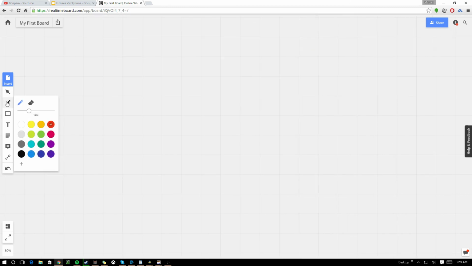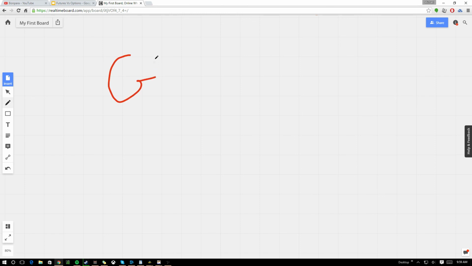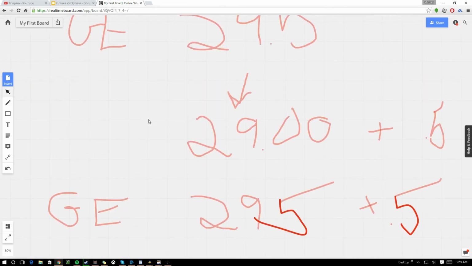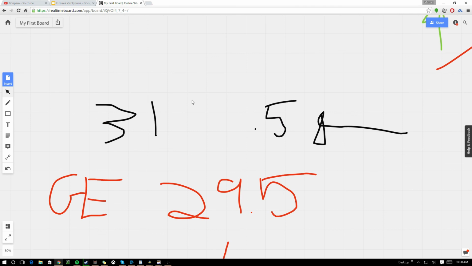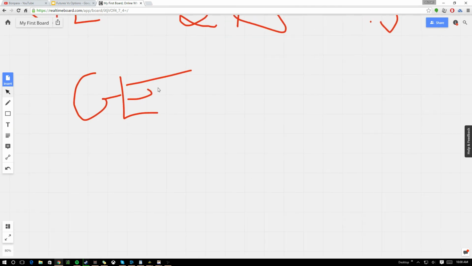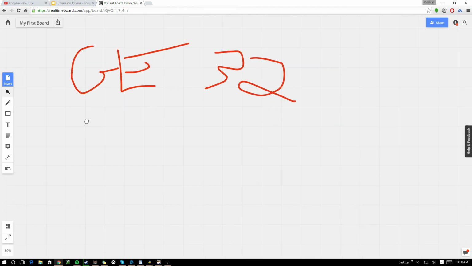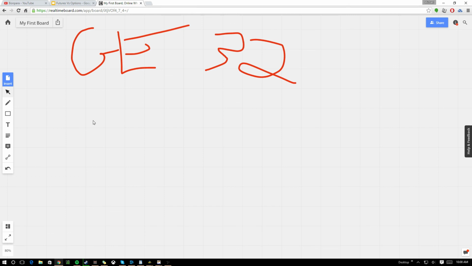The other scenario, let's say GE comes out with a new product and we were selling a $31 strike. So say it goes up to $32. Well, what happens here is whoever you sold the option to has the right and will, in this scenario, call the shares away from you, which is why it's called the call option.